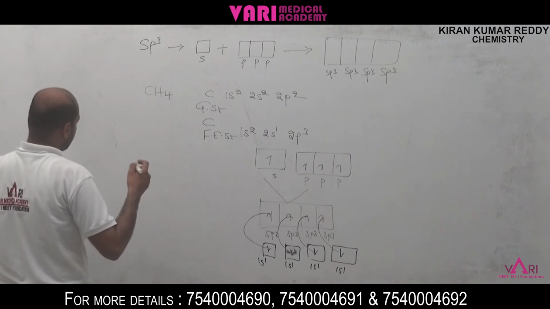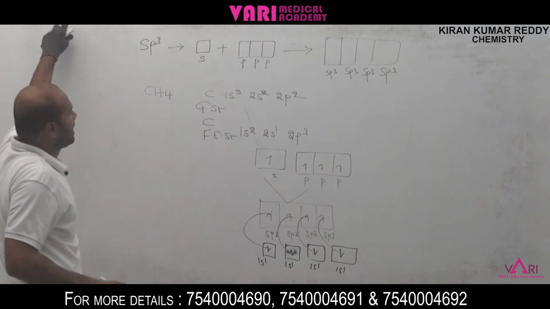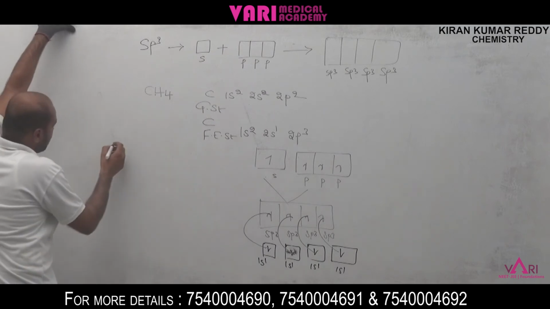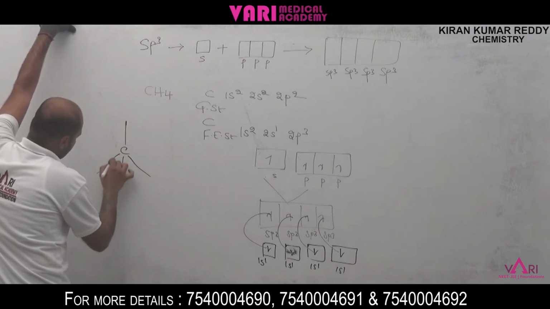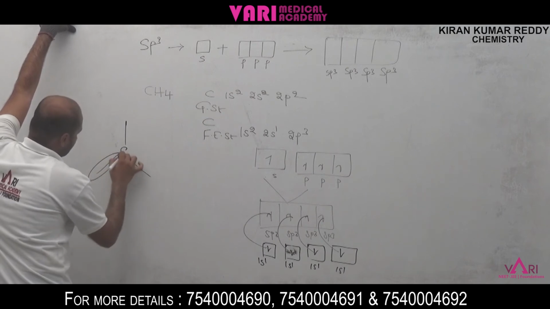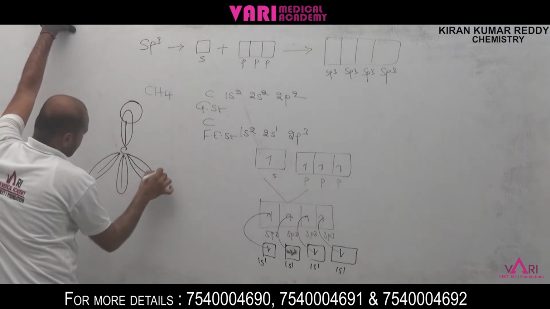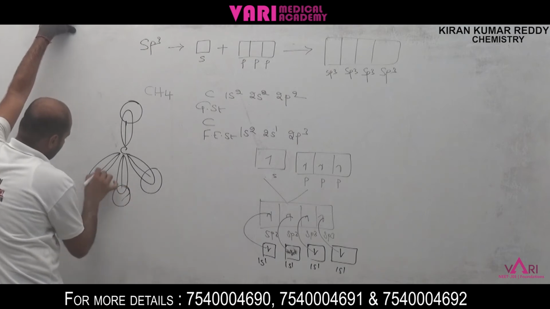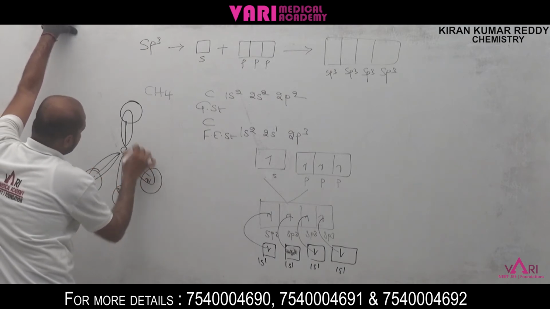What is the geometry? Not the shape. Shape will be explained by VSEPR theory, valence shell electron pair repulsion theory. Now I am taking here carbon, tetrahedral geometry. Here the 1s orbital of hydrogen is intermixing to form sp3.